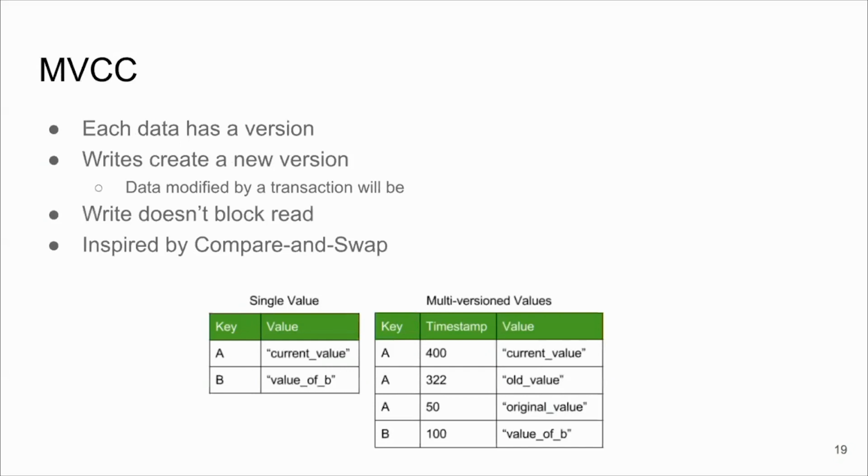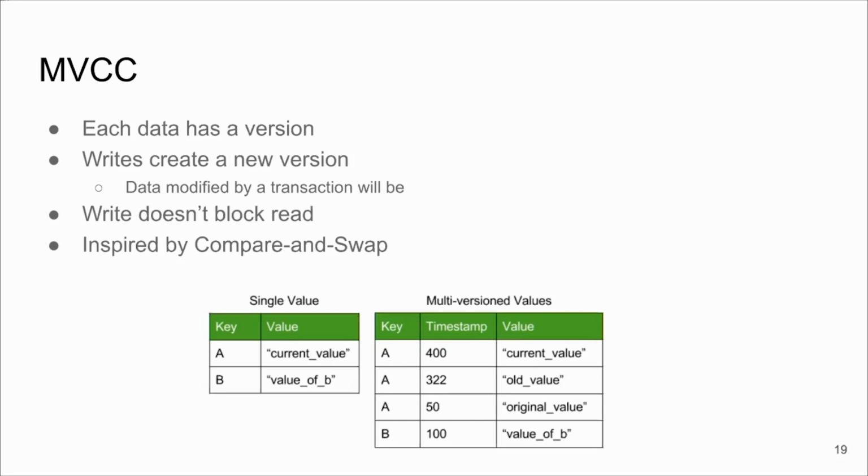Now I'll talk a little bit about how multi-version concurrency control works. Basically, instead of just storing the data, you're also storing a version with the data. When you write to a certain piece of data, you create a new version of that data. Because of this, any read will not be blocked by any writes.